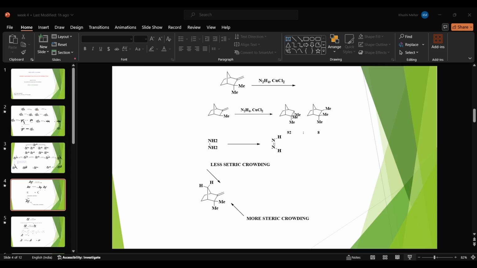Then you will ask whether the allylic acetate will react with sodium borohydride or any kind of reagent.